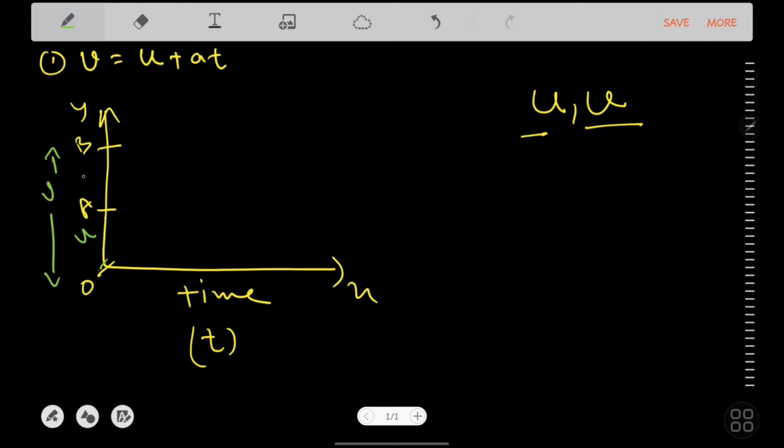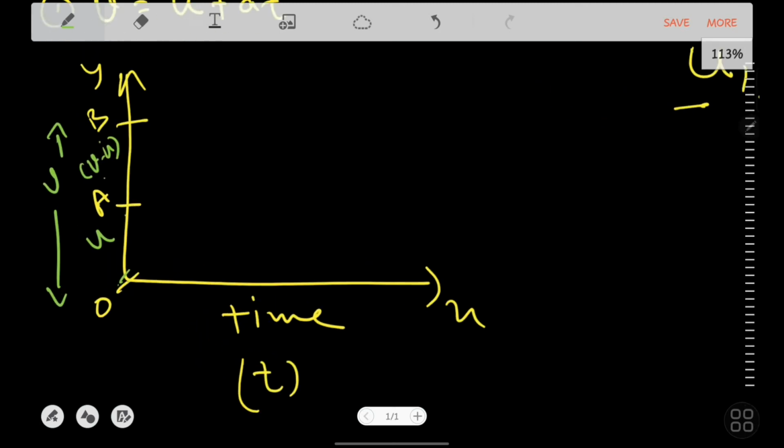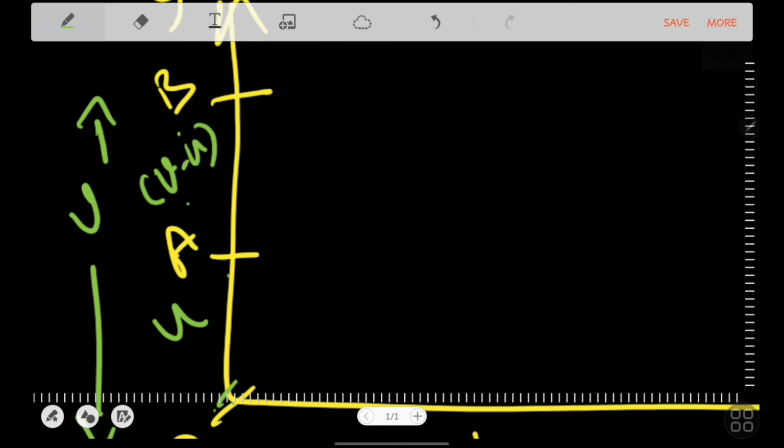So we can say that between A and B, the measurement will be V minus U. I hope it's visible to all of you. I'm just zooming out so you can easily see that.